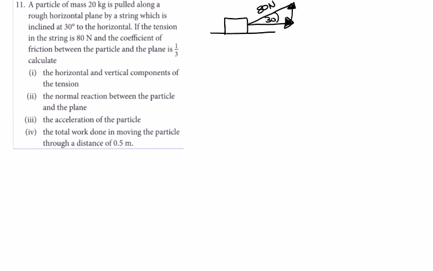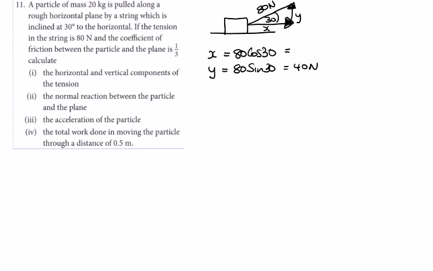So you guys know that we'll call this x and we'll call this y. So x is going to be equal to 80 and it's adjacent, so it's cos 30, and y is going to be equal to 80 by the sine of 30. Sine 30 is a half, so that's going to give 40 newtons for my y.